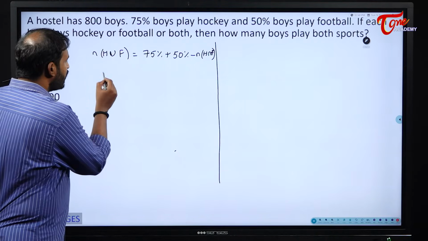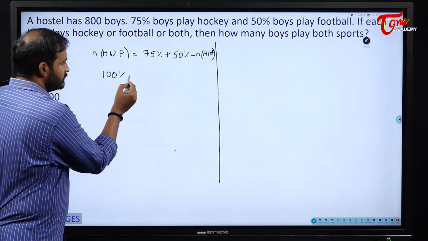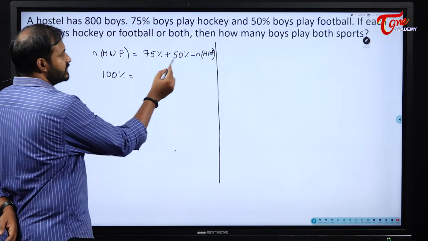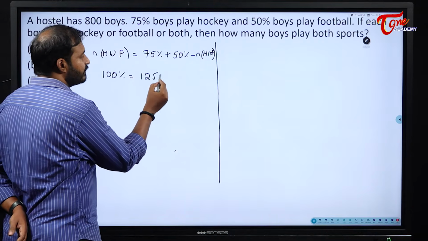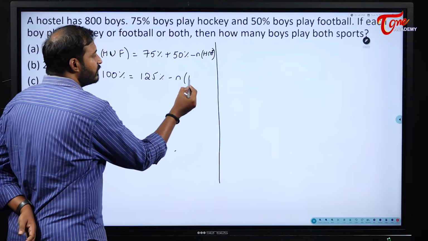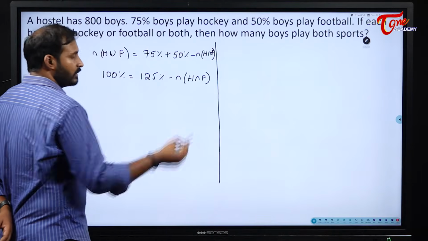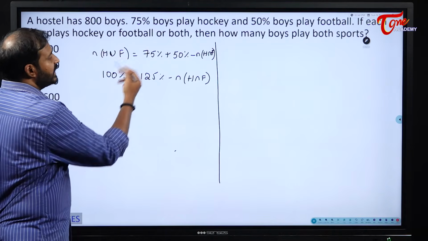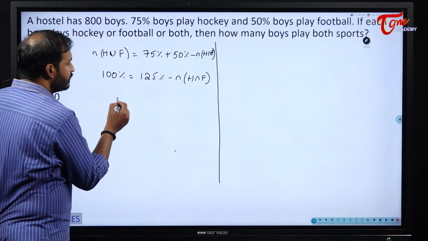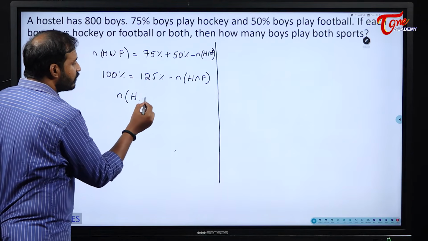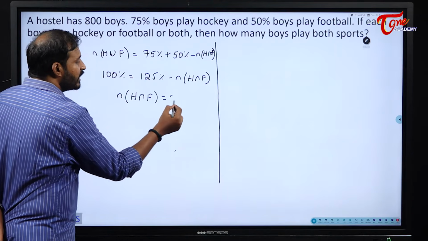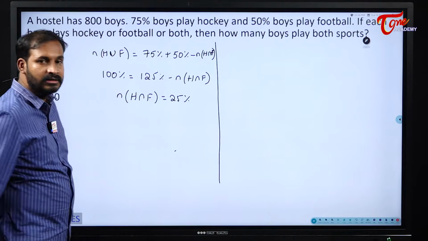So that means this is 100%. 100% is equal to 75 plus 50, which is 125%, minus the students who play both hockey and football. So when I send this to one side and 100 to the other side, the number of students who play both hockey and football will become 25% of my total.